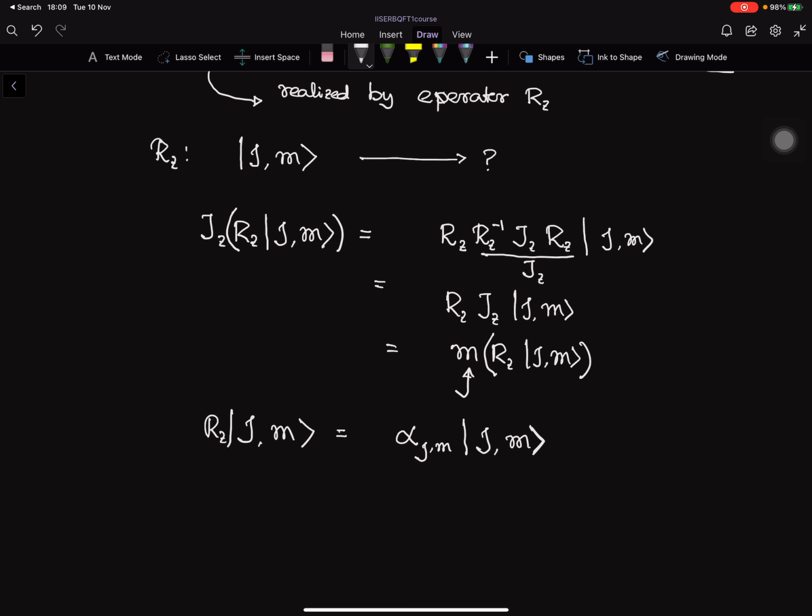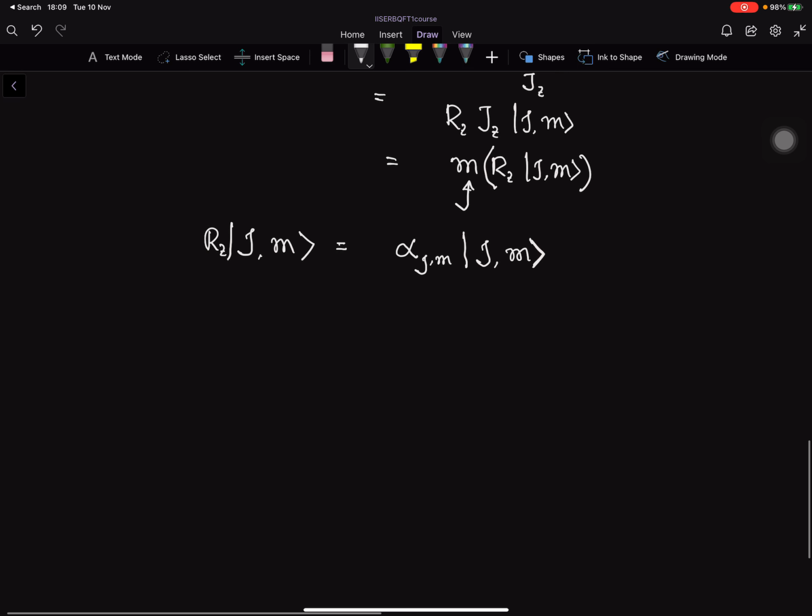Now the next thing we can do is let's try the other thing. So let's try J plus. Note that Rz inverse J plus Rz is the same as minus J plus, right?